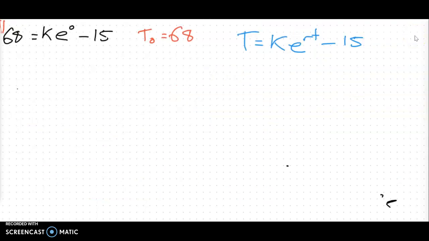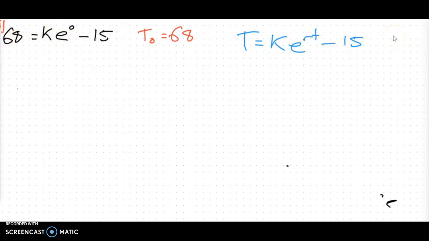Okay, so now we've substituted that in there. At time equal to 0, 0 times r is just 0. The temperature is 68. So there we go. I've got it the exact same way. So that's all good.